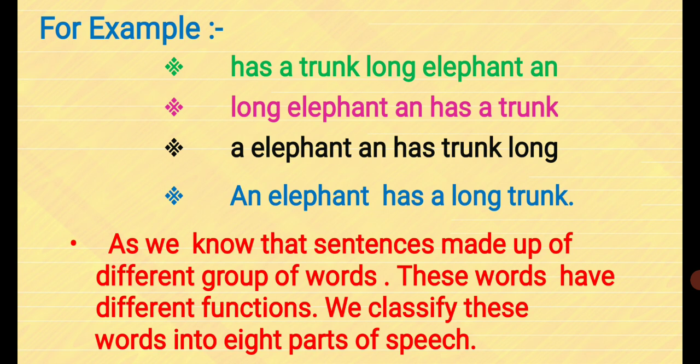In the sentence an elephant has a long trunk, there are so many parts of speech. So now we understand that to make a sentence we need some parts of speech. How many parts of speech are in the English language? 8. So which are the 8 parts of speech?